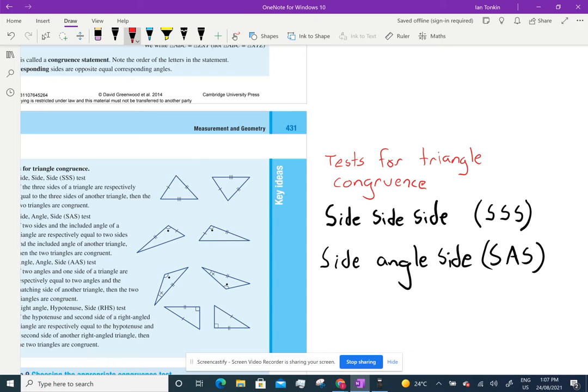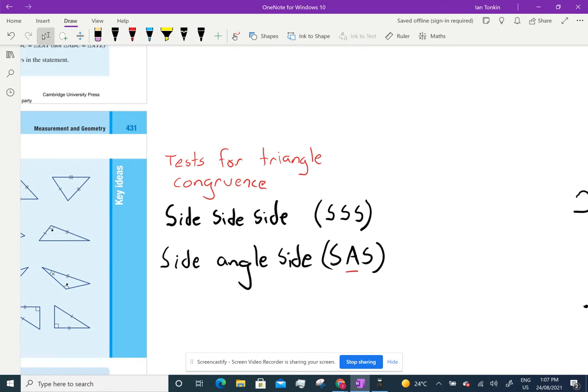But I want you to put a dash under the A, because side angle side means that the angle must be in between the 2 sides. So one's 2 sides and the included angle, that is the angle in between them.